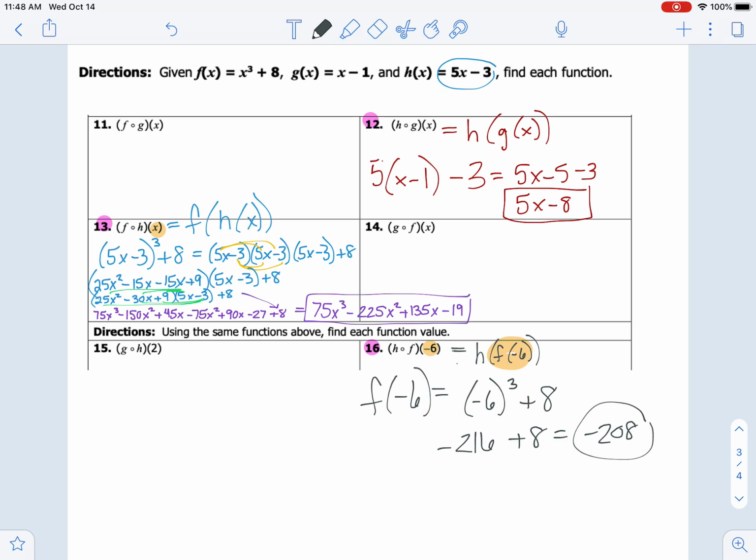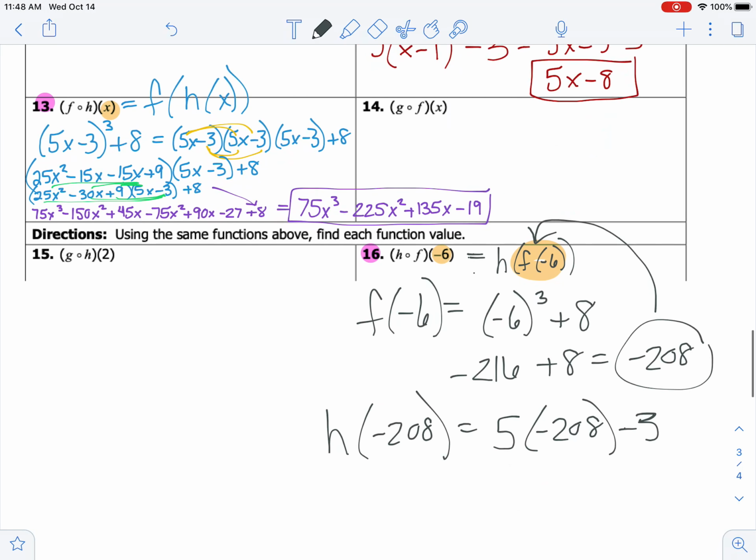Now I'm not done. Now I have to plug that in to the h function because that is what f of -6 equals. So I'm going to go to the h function and do h of -208. All right.